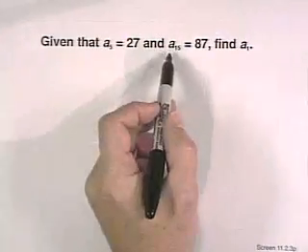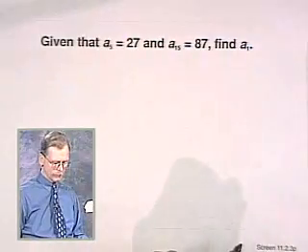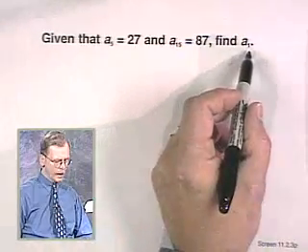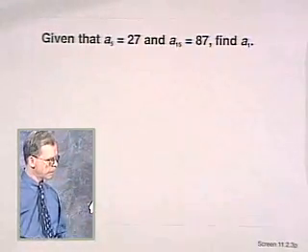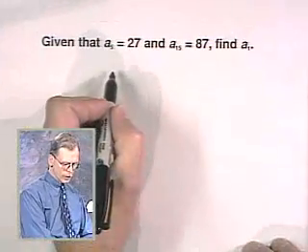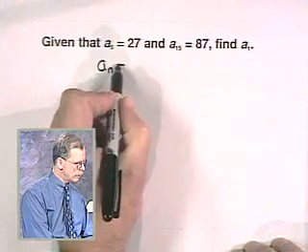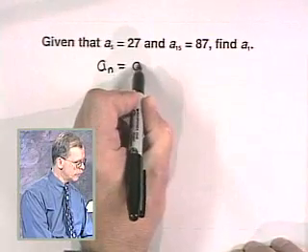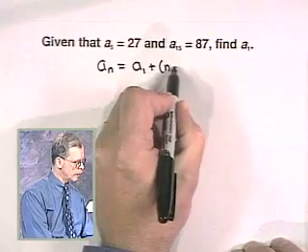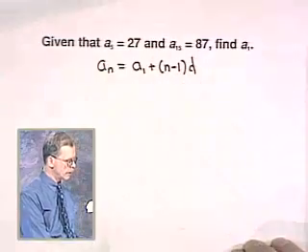Let's go on. It's also possible to find the first term and the common difference given any 2 terms. Let's look. If we know that a5 is 27 and a15 is 87, we'd like to find a1, the first term. We're going to use the formula an equals a1 plus n minus 1 times d.